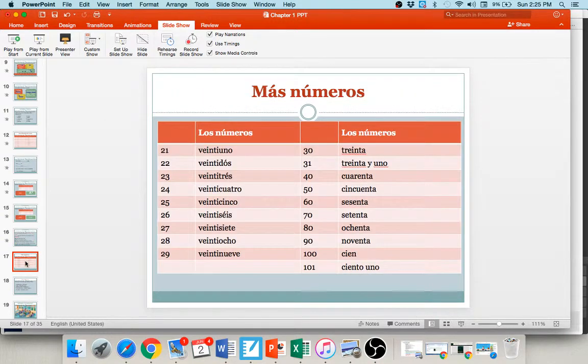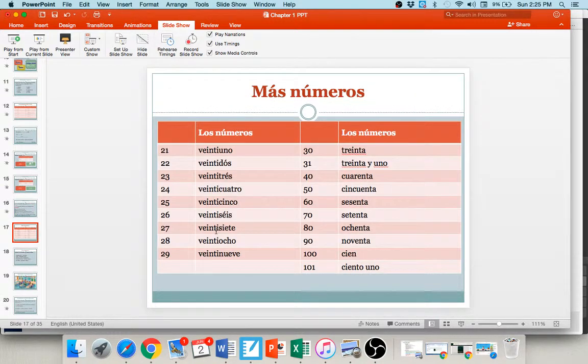Okay, we talked about those. You also have your numbers from 20 through 100 in this chapter. Just to give you an overview, 20 by itself is veinte. If you want to say 21, you know that and in Spanish is y, and one is uno. So you can say veintiuno, where they've abbreviated it here with the I, all one word. 22, veintidós, or veinte y dos.